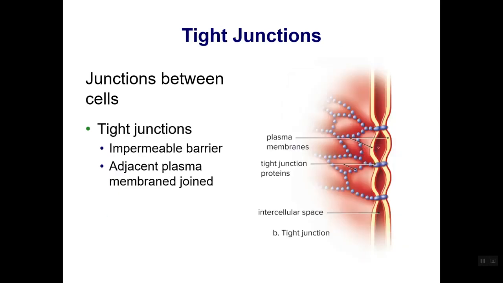They form an impermeable barrier. Water will not even pass. So you can again see plasma membrane number 1, number 2 is on the other side, and you see all of these tight junction proteins all throughout forming a very tight barrier that is not subjected to water passing through.